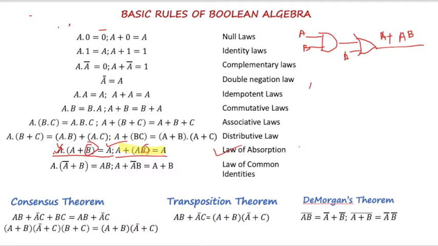So the truth table is first the AND truth table.